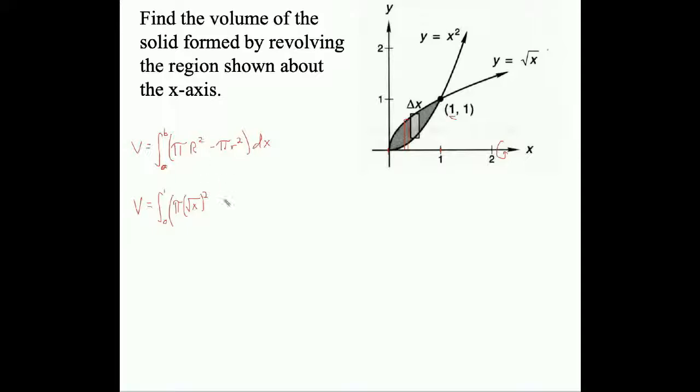So larger radius squared minus pi times the smaller radius squared, which is this function here, and this function is x squared. So pi times x squared, that's our smaller radius, squared. Those are ones you got to be careful with because you write squared, but that's the function, so the function is squared, and then dx. From here, we can simplify this integral and then find the integral.